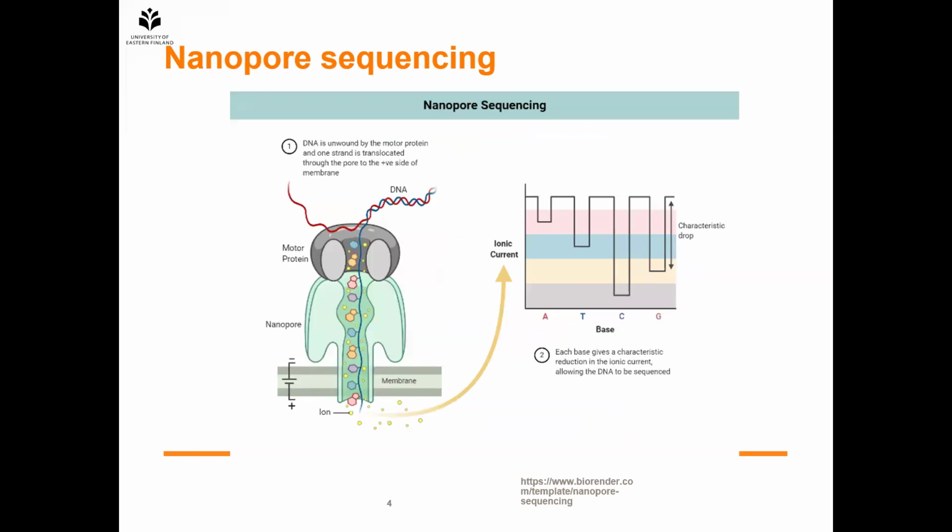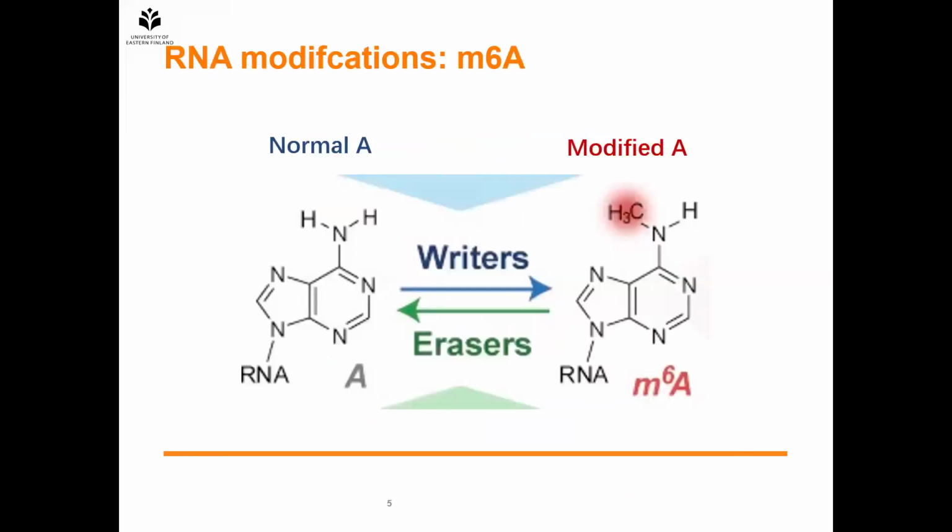And this is the concept of nanopore sequencing. You have RNA that goes through the pore, and then you record the electric signals. And then this is how the modification looks.